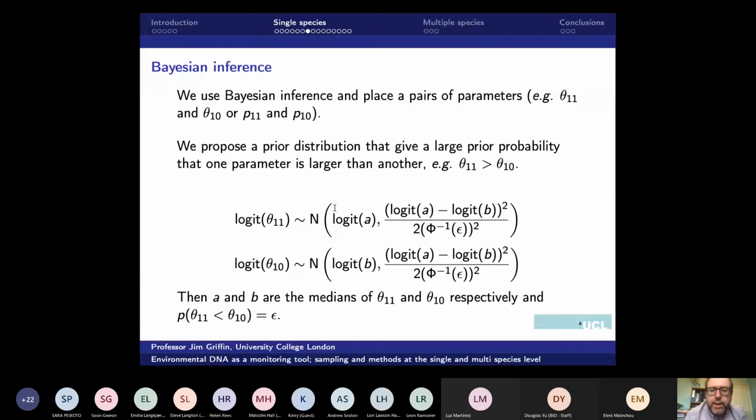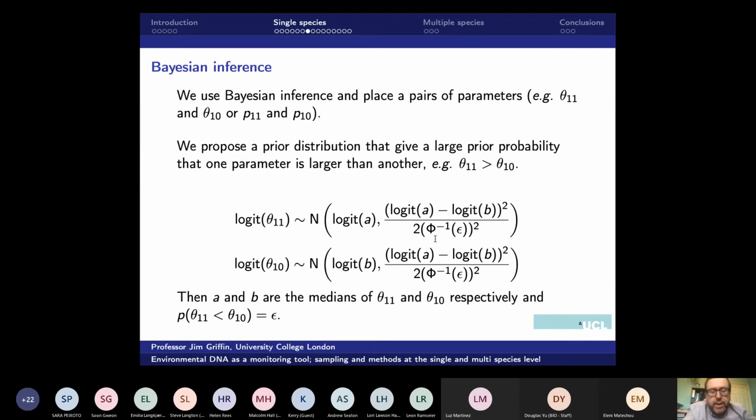So technically, the way that we can do that is by using logit transforms. We can take these parameters, take the logit transform, and then we can just define these normal priors. By controlling the means of those normal priors, we can put prior information about the median value of θ11 and θ10. And then we can use this parameter, the variance.